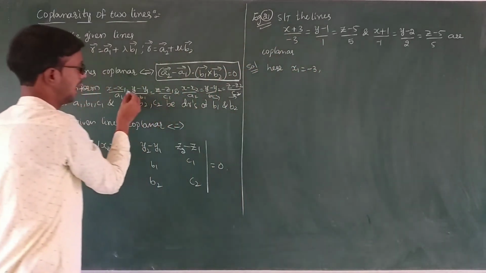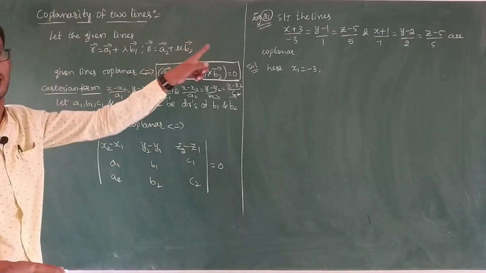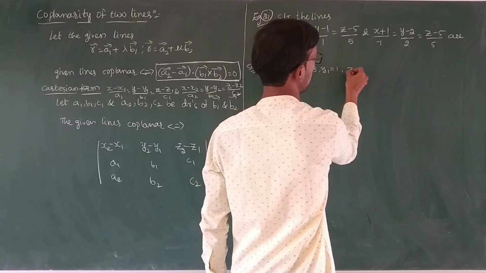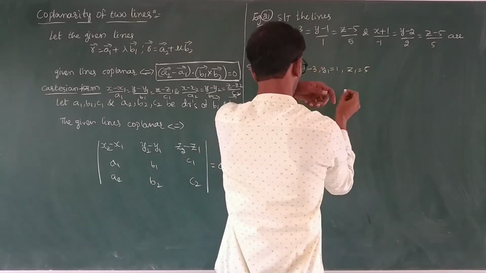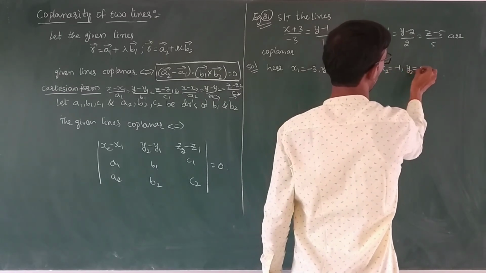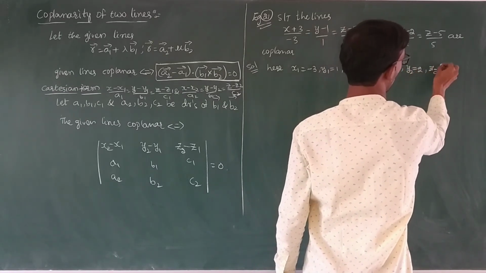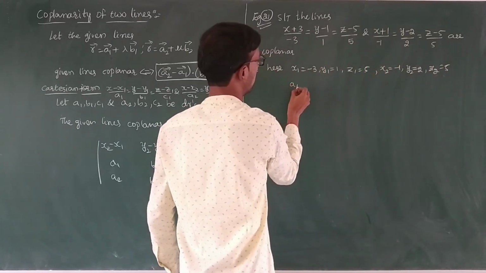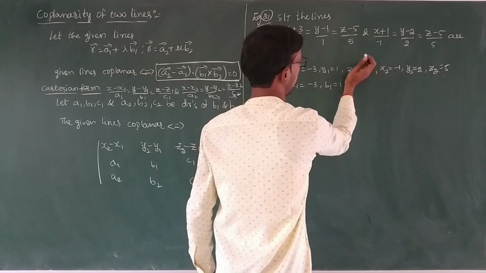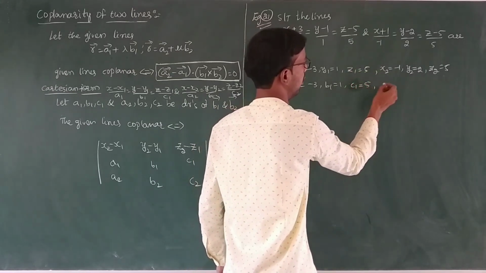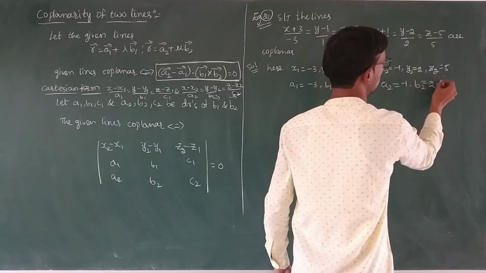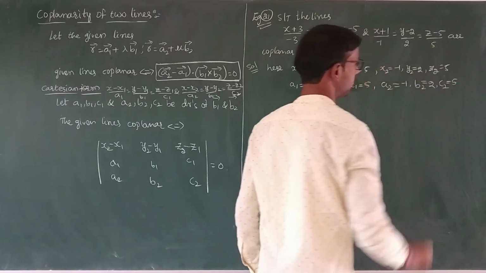The actual formula is x minus x1, but here plus is there, so minus of minus we can write. y1 is equal to 1, z1 is equal to 5. x2 is equal to minus 1, y2 is equal to 2, z2 is equal to 5. a1 is minus 3, b1 is 1, c1 is 5. a2 is minus 1, b2 is 2, c2 is 5.